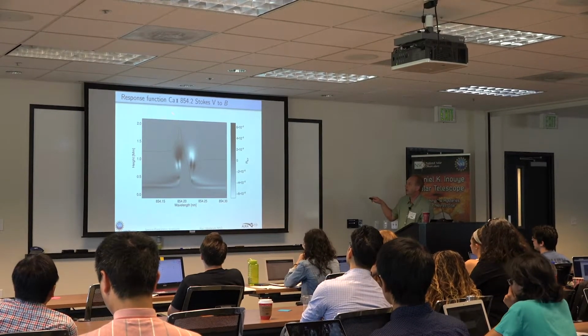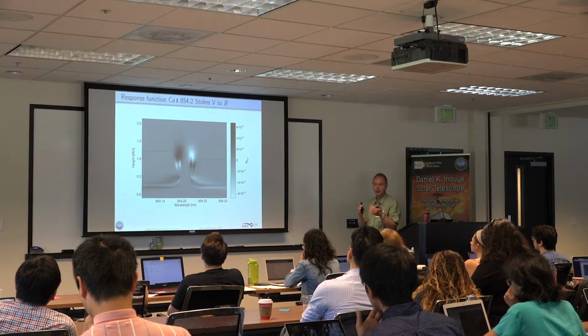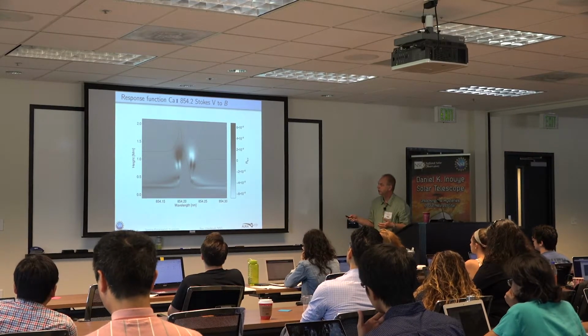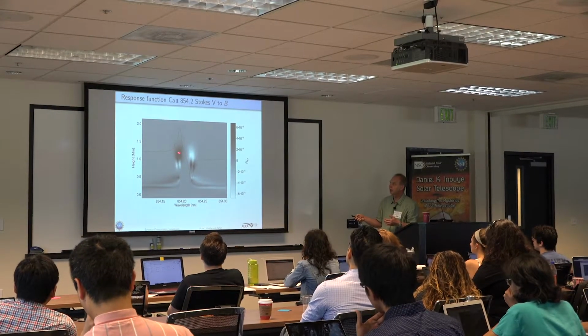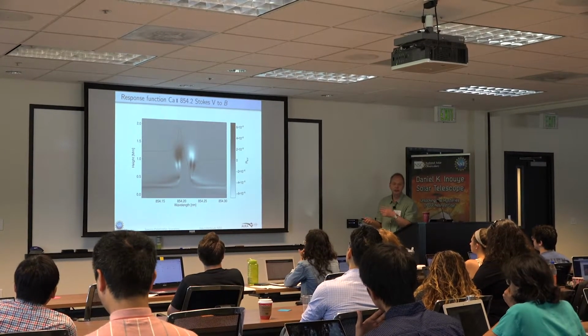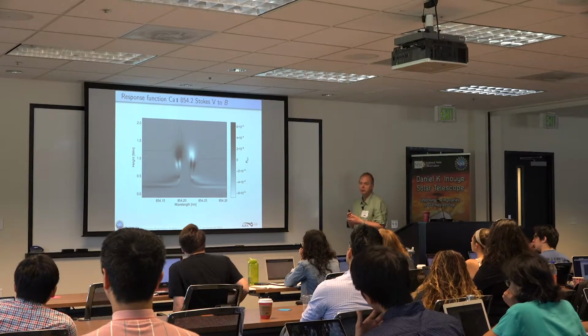So if I have a positive difference between my synthetic Stokes V and my observed Stokes V, what do I do? Do I decrease the magnetic field here, or do I increase it here? So there's a degeneracy there. It is not clear how you resolve that.